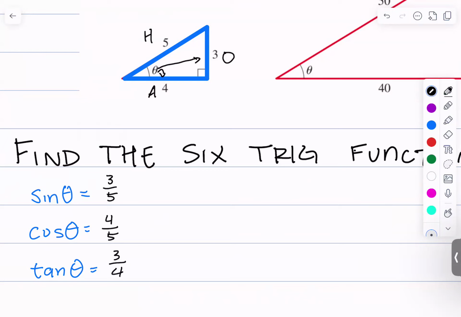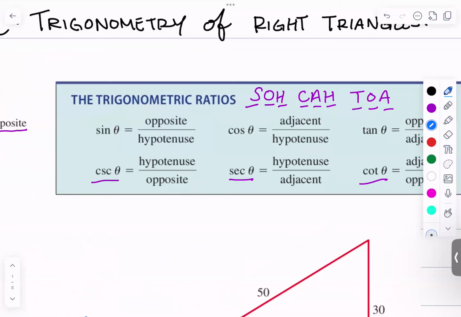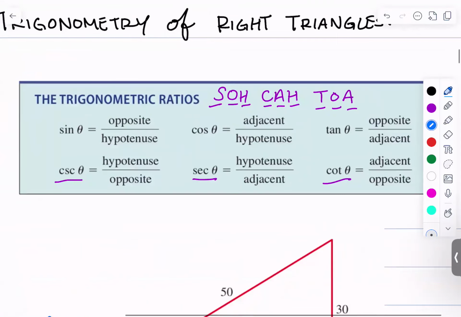Okay. So in order for us to figure out the reciprocal values, cosecant, secant, and the cotangent, we can use the hypotenuse over opposite, hypotenuse over adjacent, and adjacent over opposite.